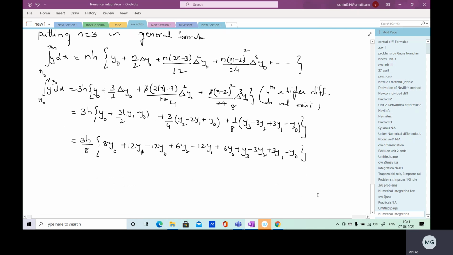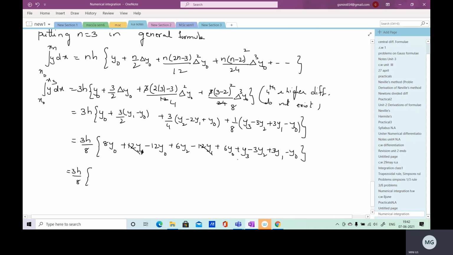Let's simplify it further. Anything you can cancel off. 12y1 would get cancelled. Okay, I can't find anything now. Let's start our calculations. This is equal to 3h by 8. I'm starting with my y0: 8y0, oh sorry, 8y0 minus 12y0 becomes minus 4y0.